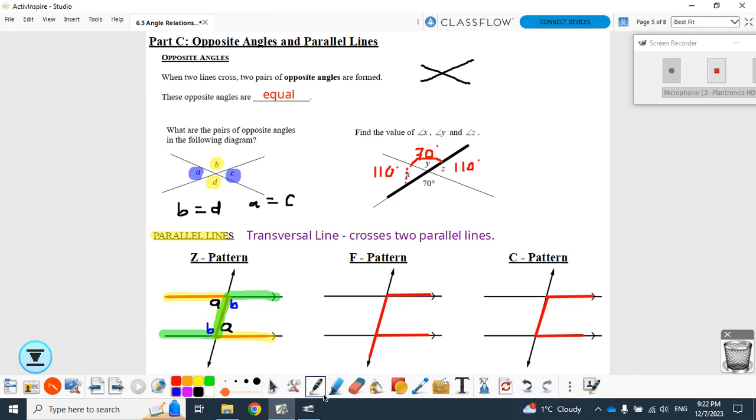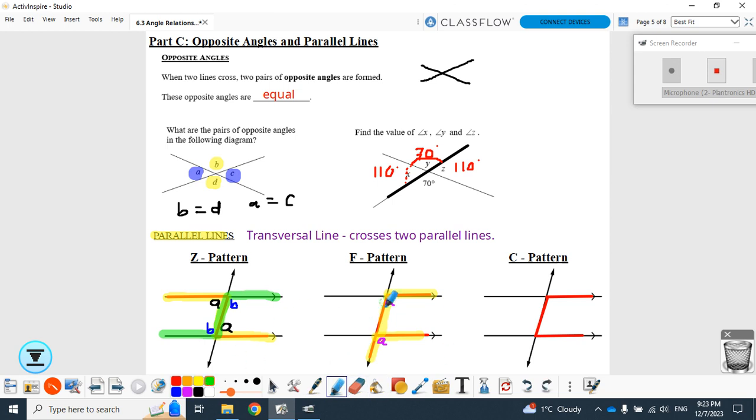In fact, moving on to the F pattern, F's can do the same idea. Now the F pattern is like this. You can see this F just like that. Similar to the Z, the armpit of the F, in here, those two angles are equal to one another.